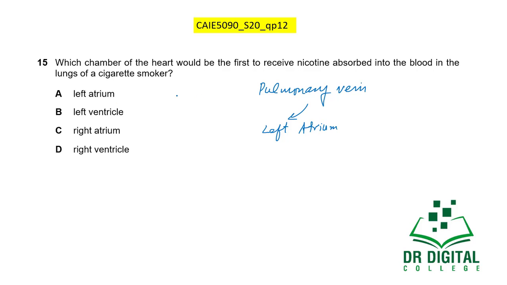Left atrium, and then from the left atrium to the left ventricle and then to the body. So option A is correct, left atrium. The left ventricle will come after the left atrium. Right atrium is wrong because deoxygenated blood is coming from the body, not from the lungs, and similarly right ventricle will be wrong. So the answer for this question is A.